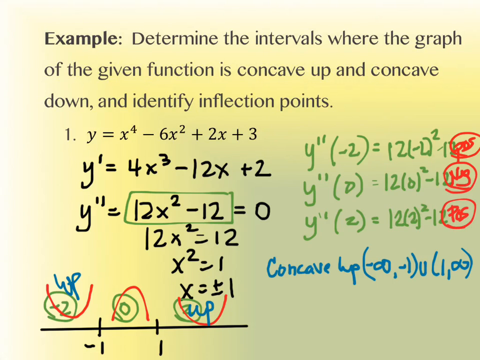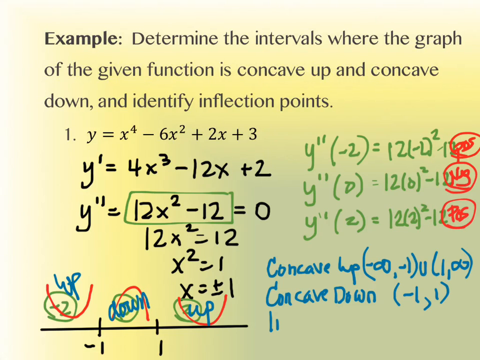It's concave up before -1, which is -infinity to -1, and then after +1, so 1 to infinity. That's where it's concave up. The one between is actually down, so what would we write for that interval? -1 to 1.